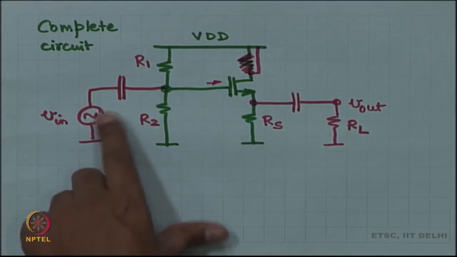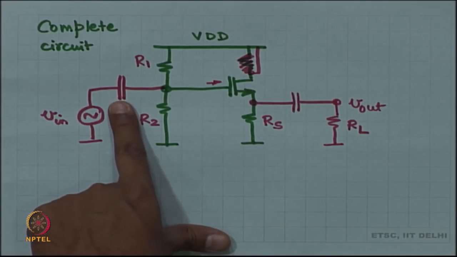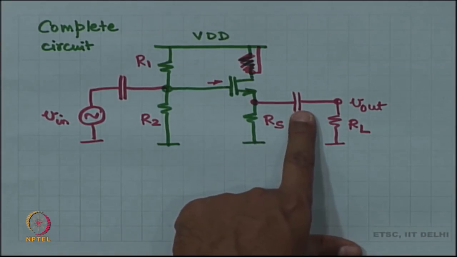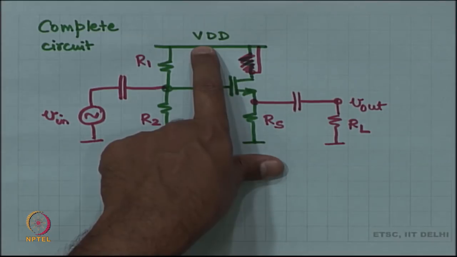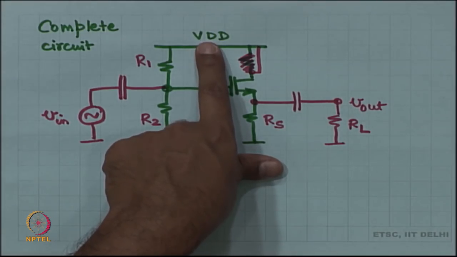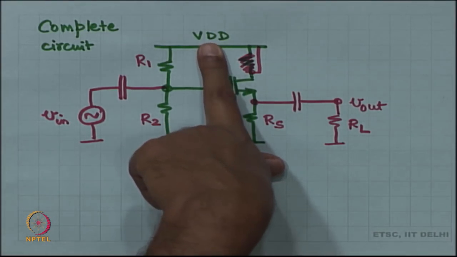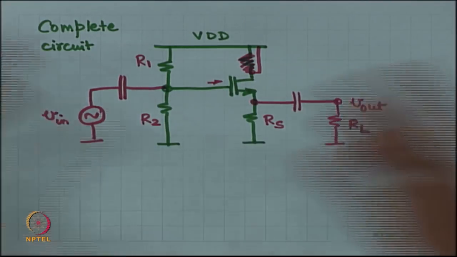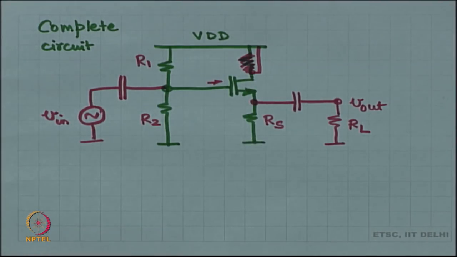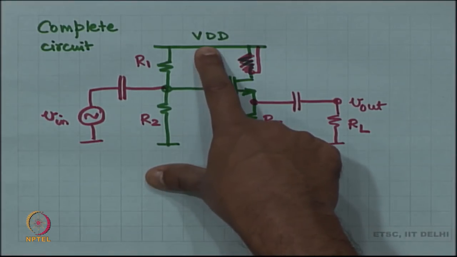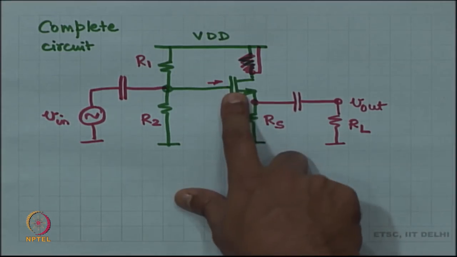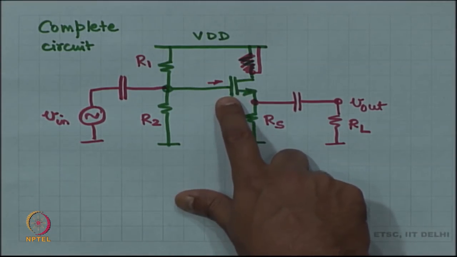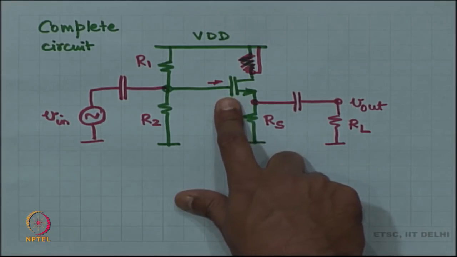You short all the big fat capacitors, short circuit all the big fat capacitors, null the static voltage sources. So, VDD is a static voltage source, constant voltage source. So, nullify it, make it 0 volts, which means that this becomes 0 volts, and then redraw, and then if you want you can redraw once again with the small signal model of the MOSFET.